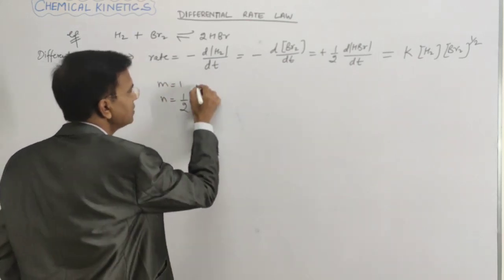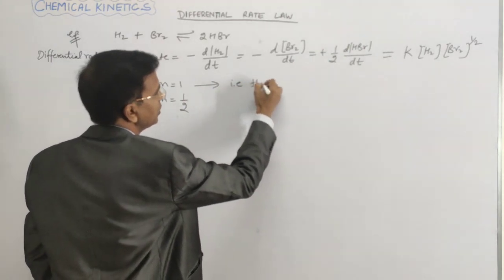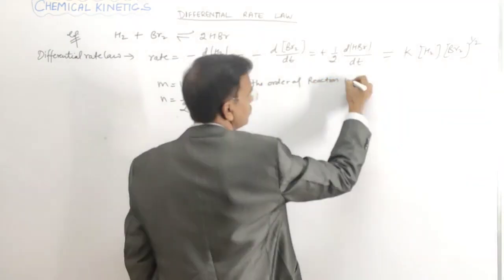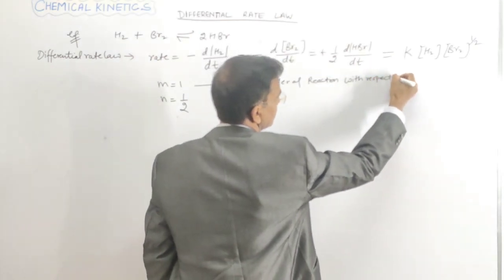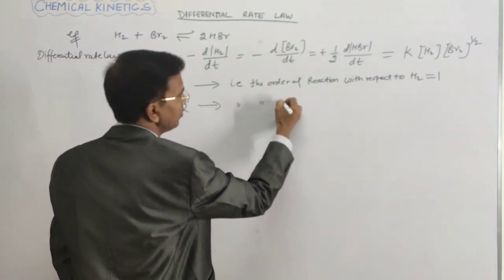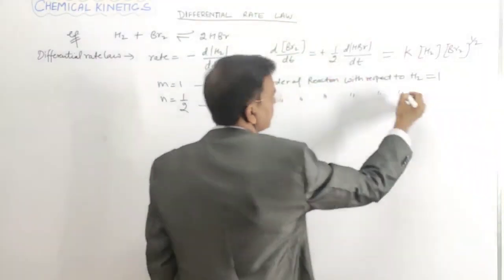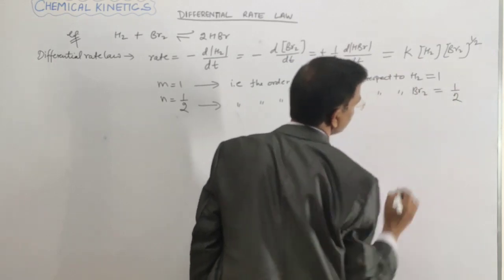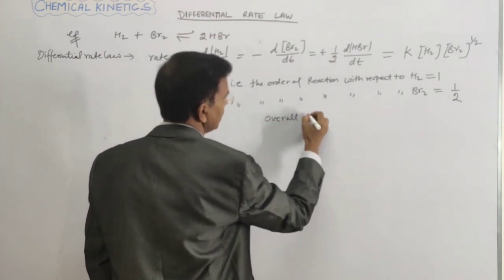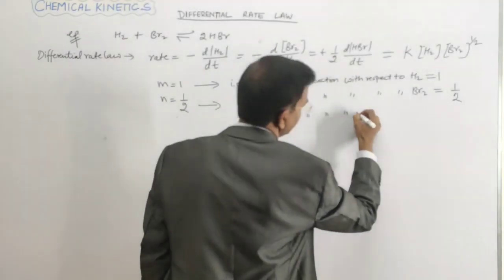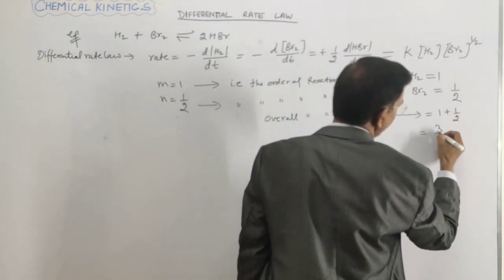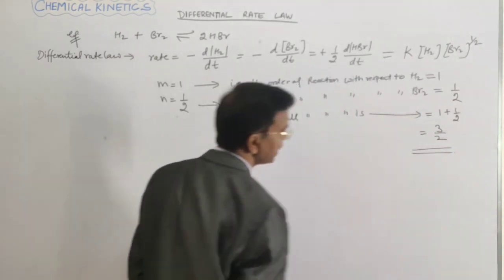So m is equal to 1 means the order of reaction with respect to hydrogen is equal to 1, and n is equal to 1 by 2 means the order of reaction with respect to Br2 is equal to 1 by 2, and the overall order of reaction is equal to 1 plus 1 by 2 is equal to 3 by 2. So this is the overall order of reaction, 3 by 2.